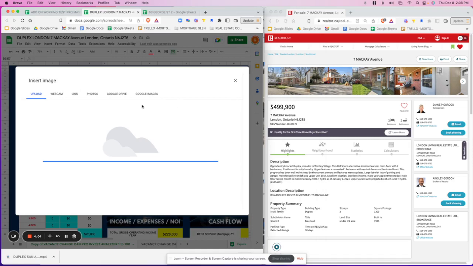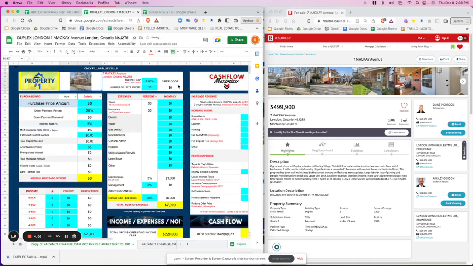Okay, so now we have the address in there, we have the picture, so we know exactly what property we're talking about. Okay, 499,900. So we're going to put the price in, 499,000, 20% down with an interest rate of 5%. Just to recap, with 20% down we can go up to 30 years amortization.